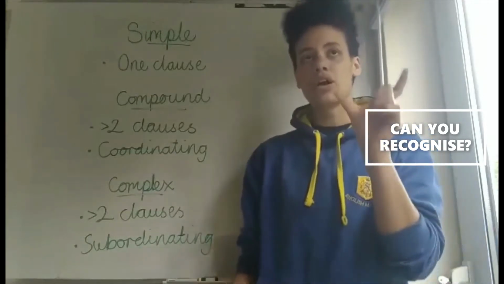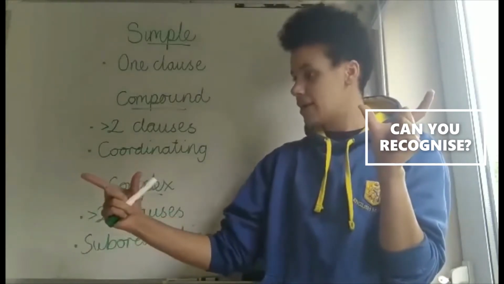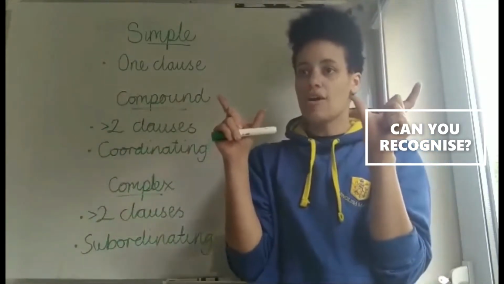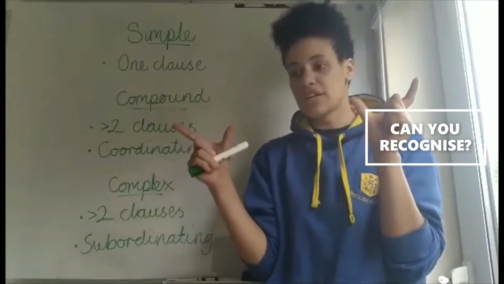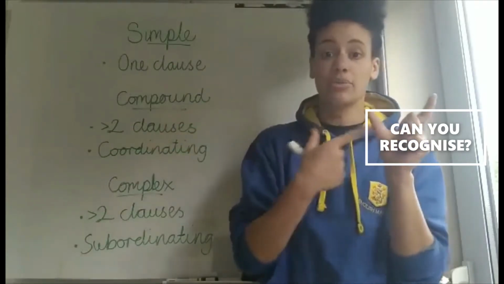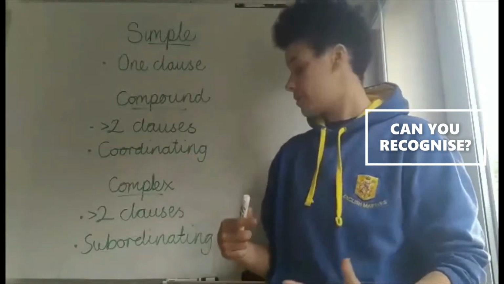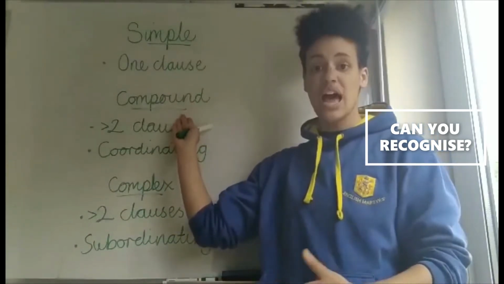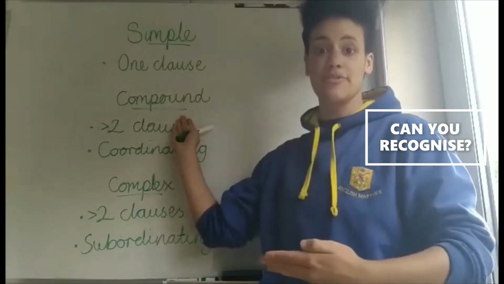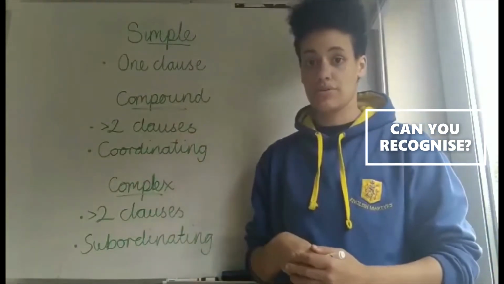So in my main clause, which is I love books, I'm going to add because they are fun to read. Okay, so because they're fun to read tells me why I love reading books. It gives me some more information. It adds something onto it. So I've made a simple sentence, I love books. A compound sentence, giving me another piece of information. And a complex sentence, adding information with that one.